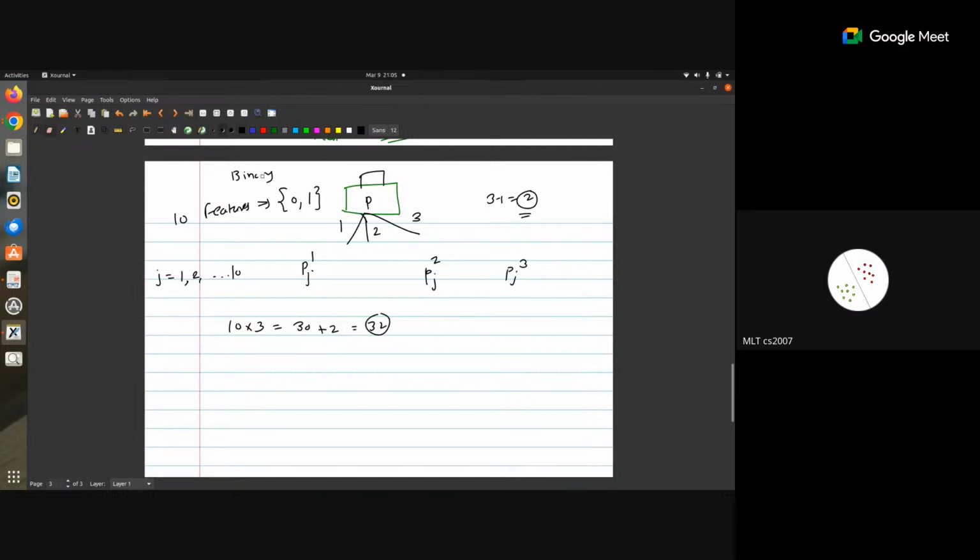Okay, but now the case is not like that. We are saying the features are distributed like what? Features are distributed like normal with mu and some variance. Again we have the 10 features. So will this affect these parameters?